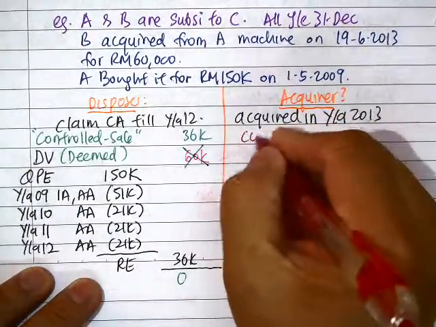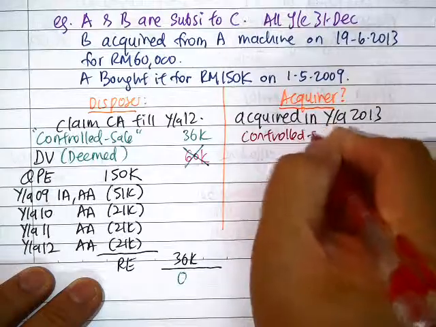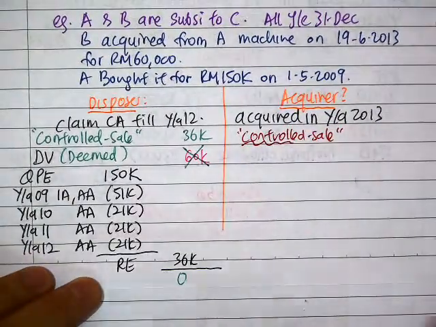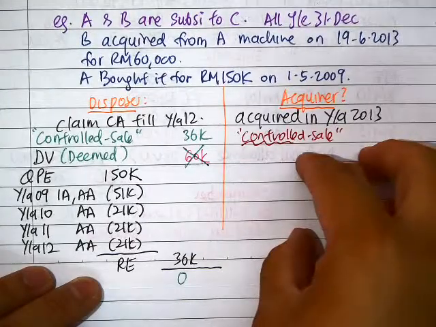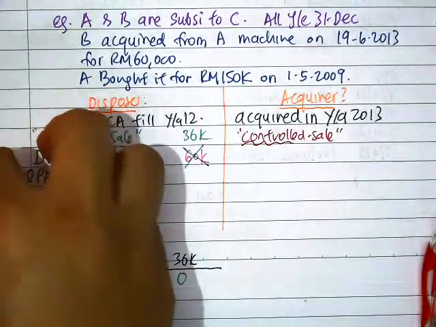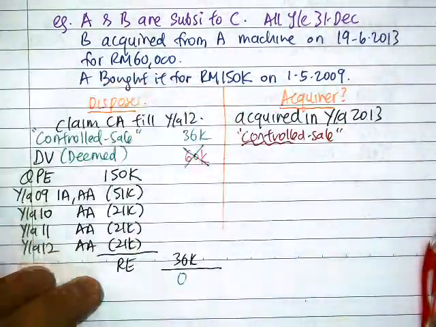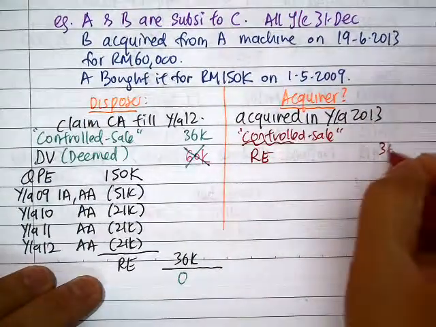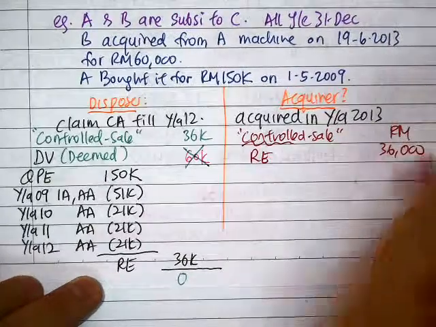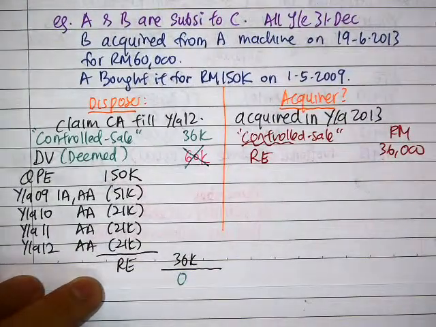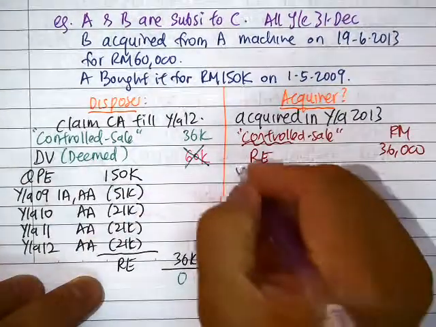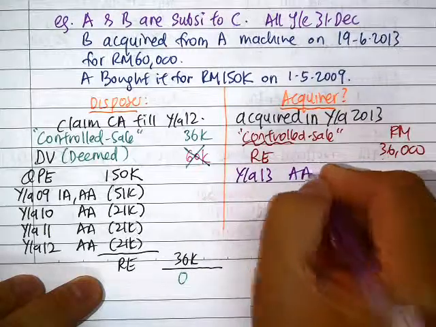But because this is a control sale, we will treat it as though you are the original owner, that you just continue claiming. That's why we know the RE of the asset is left with 36,000. So what happens now is you don't need to calculate IA and AA, you follow the figure of the original owner. So Y2013, your AA will be 21.